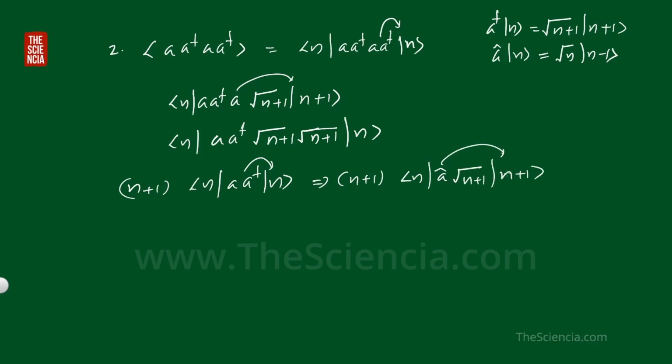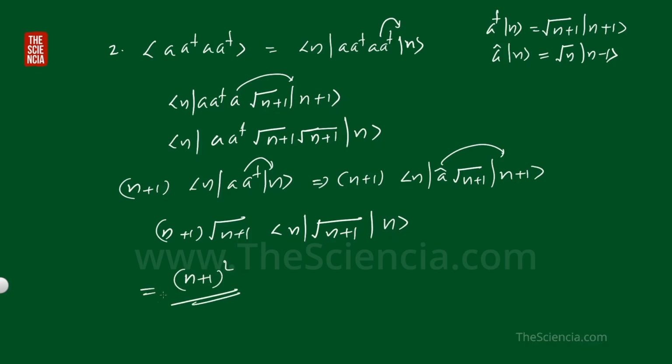Again this will operate on this state ket n plus 1, that is n plus 1 root n plus 1 bra n, when this annihilation operates on ket n plus 1, we will get an eigenvalue root n plus 1 ket n. Okay, that is n plus 1 whole square.